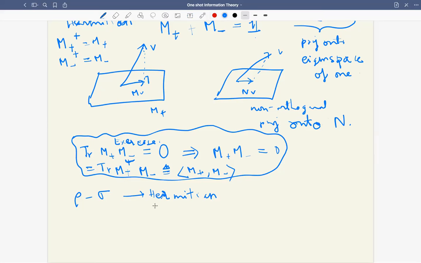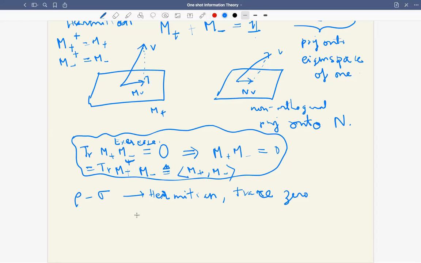Okay, so this is Hermitian, and it has trace 0 because those were trace 1. Because it's Hermitian, rho minus sigma will have real eigenvalues. Some are positive, some are negative, some are 0. Let us say I club the 0 into the positive ones. Trace 0 means the sum of the positive eigenvalues is equal to the sum of the negative eigenvalues.